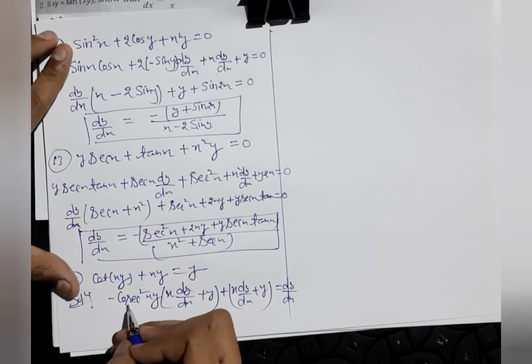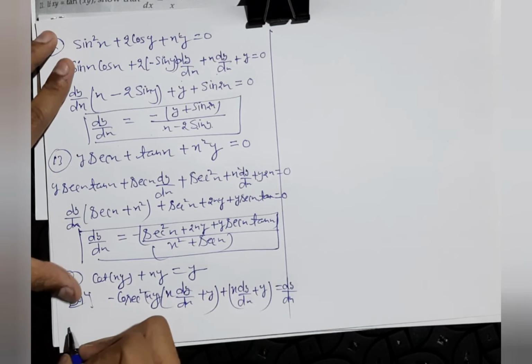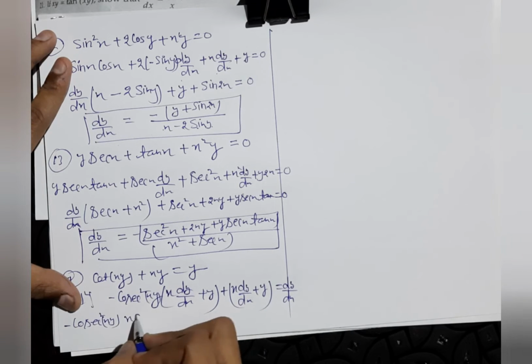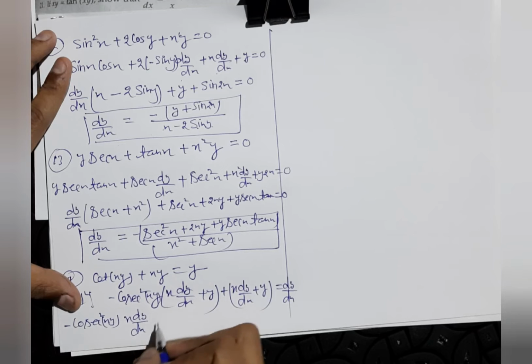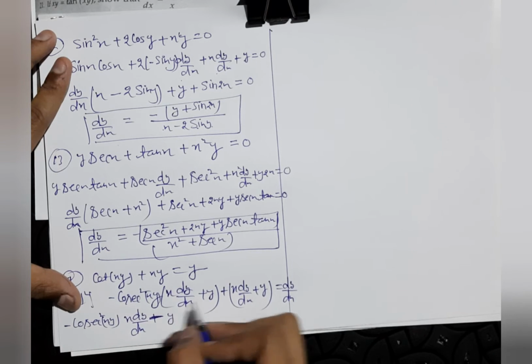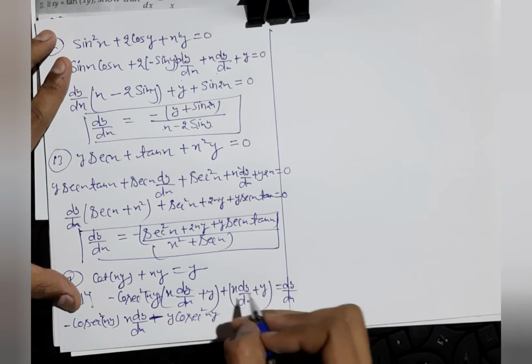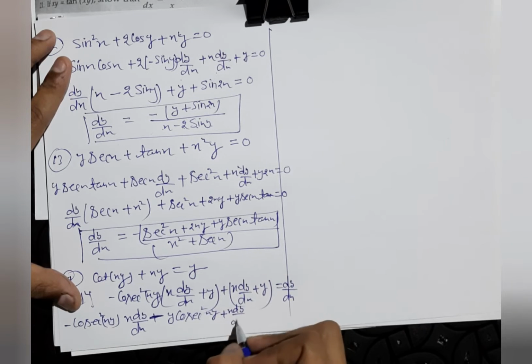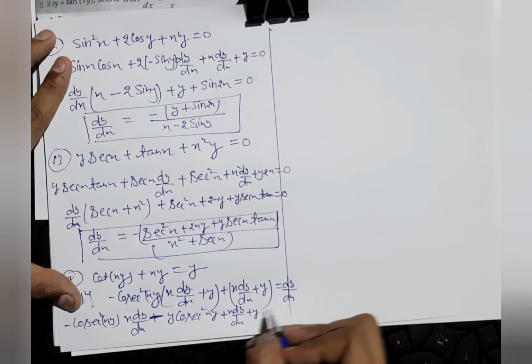Now let me multiply this cosec square xy with the bracket. I get minus cosec square xy with x times dy over dx, and minus, sorry this is minus y times cosec square xy, and plus this term, this is the same, so x dy over dx plus y equals dy over dx.